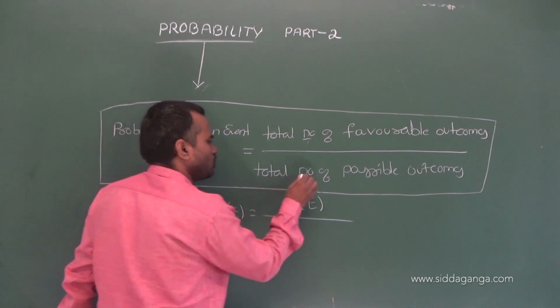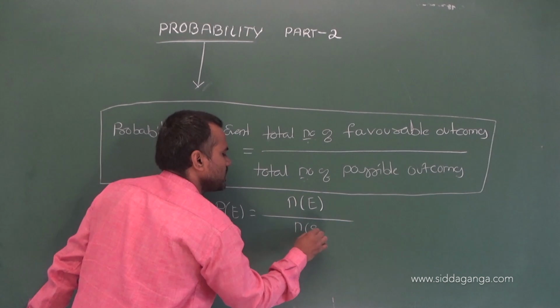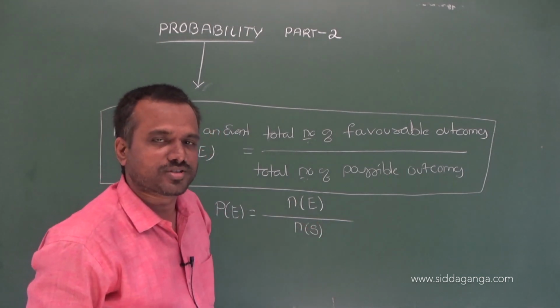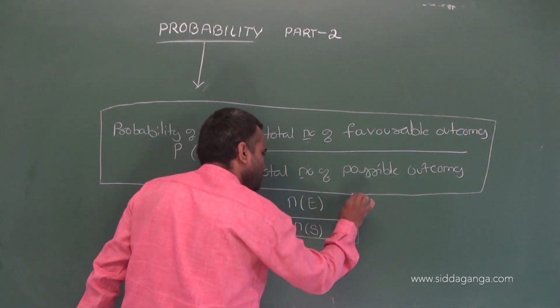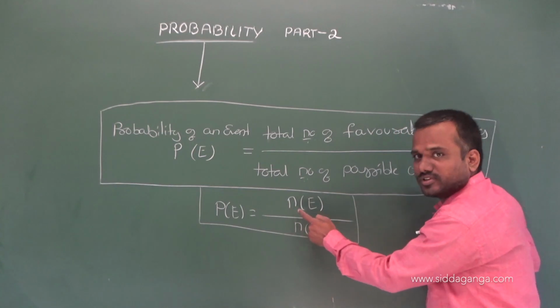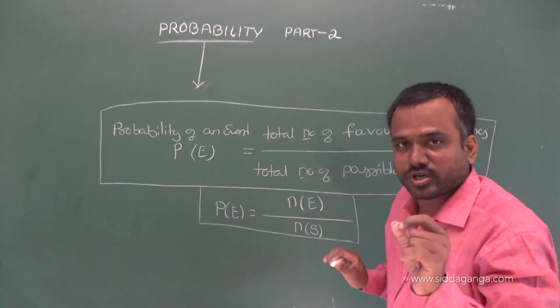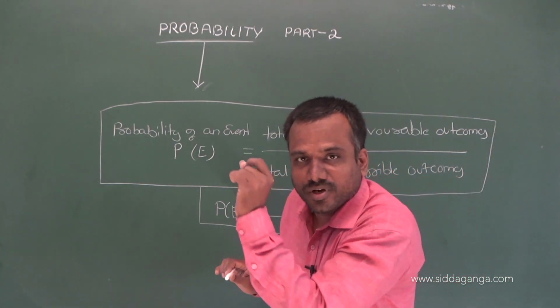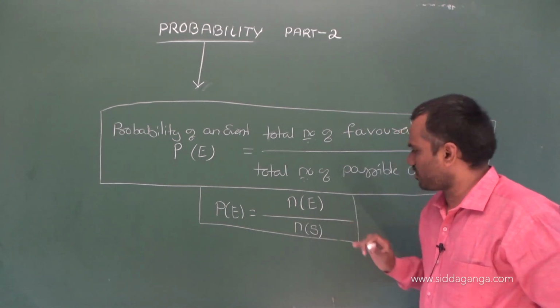Divided by total number of possible outcomes, which is S, the sample space, N of S. So P of E is equal to N of E divided by N of S.